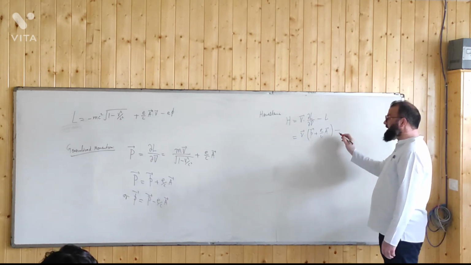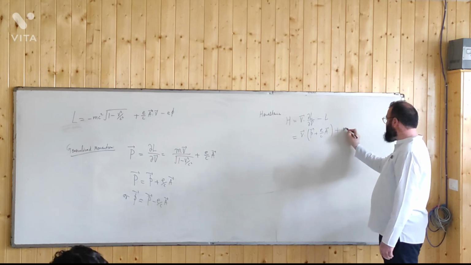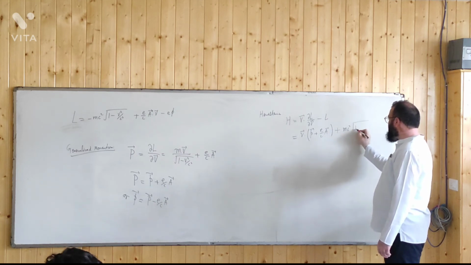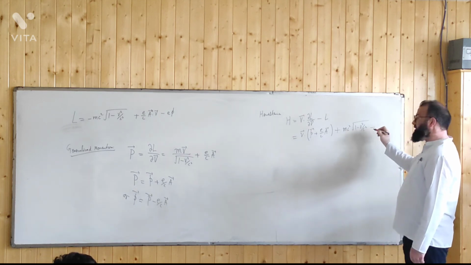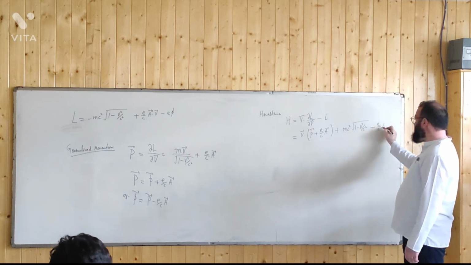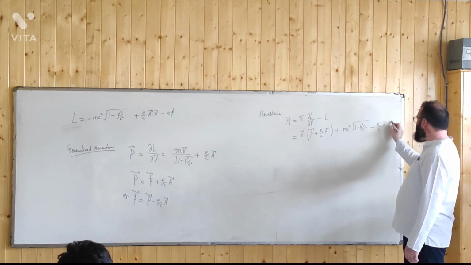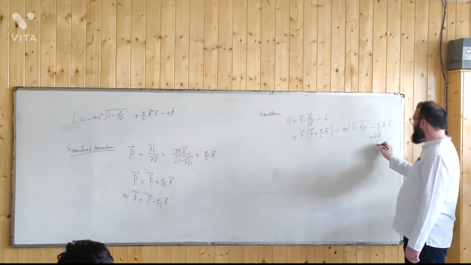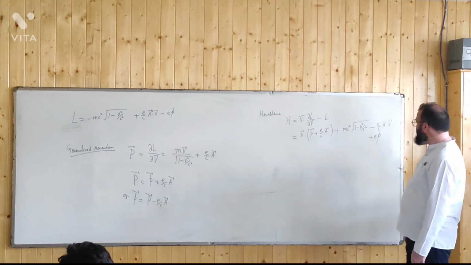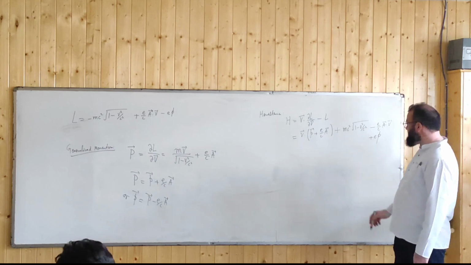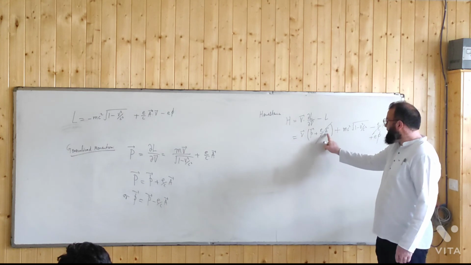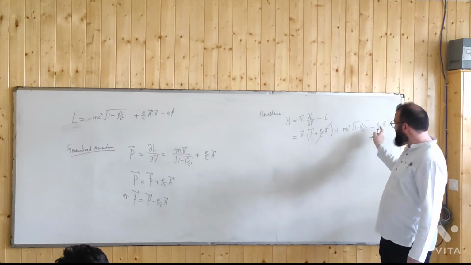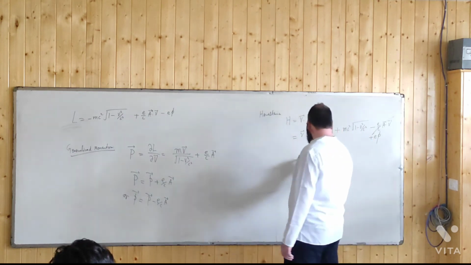Minus L, what is L? So it will be plus mc square root of 1 minus v square by c square, then you are having minus e by c A dot v, plus e phi. So this term cancels with this term because it's v dot A and this v dot A with a negative sign.